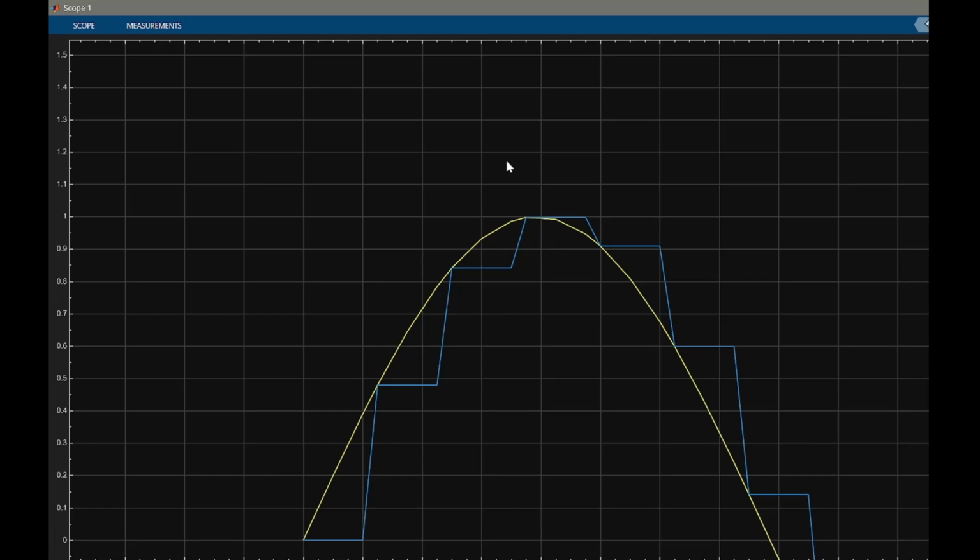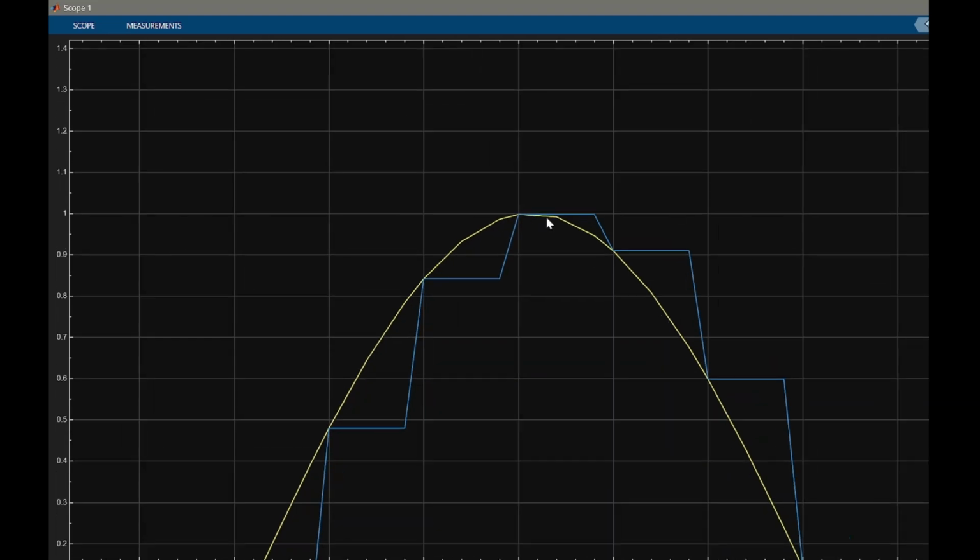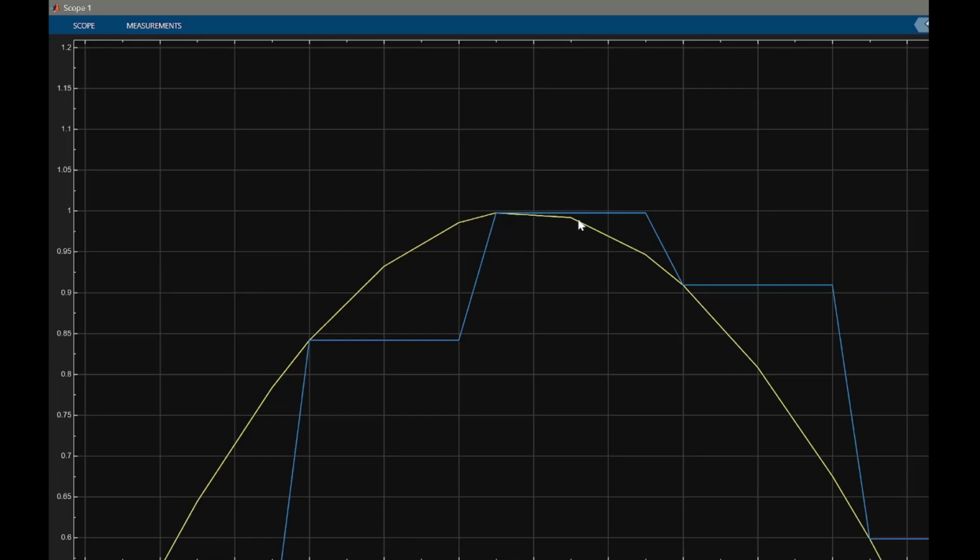Notice something else here. Near the peak of the sine wave, the output remains constant even though the original signal has already started decreasing. The yellow has already started decreasing, but the output remains constant here.